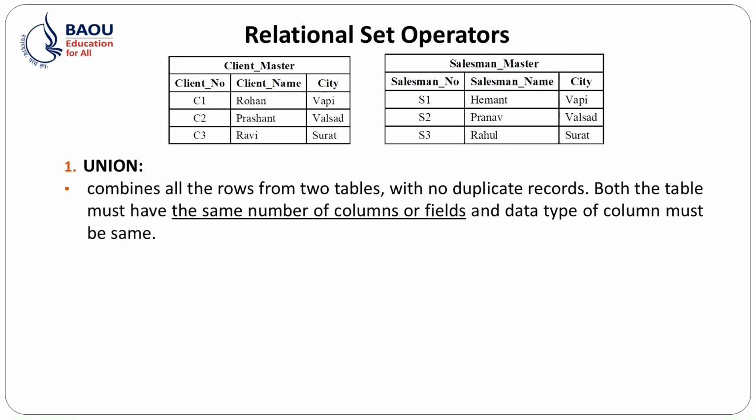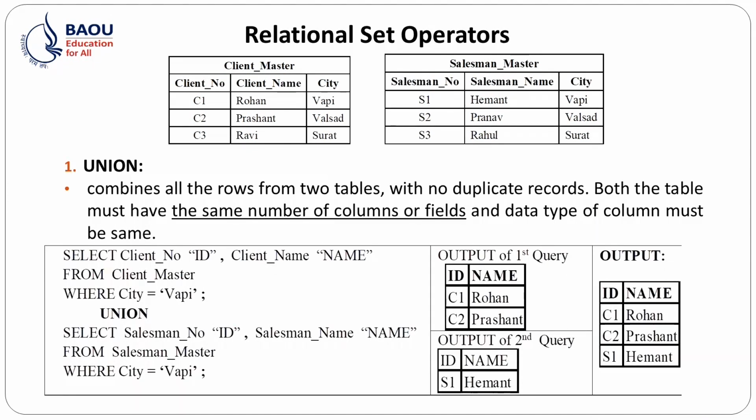For example, the union operation is shown in the figure. Select client number as ID and client name as name from the client master where city is equal to VAPI. Union, select salesman number as ID and salesman name as name from salesman master where city is equal to VAPI.